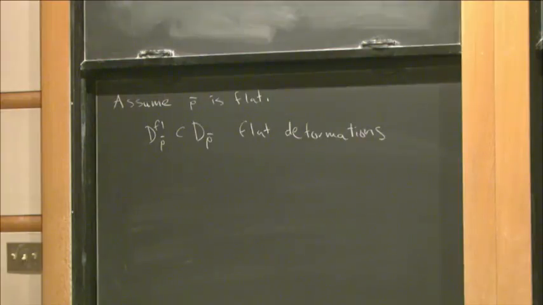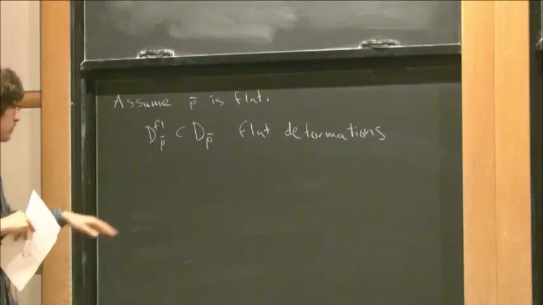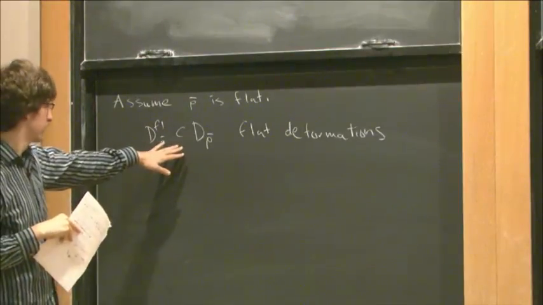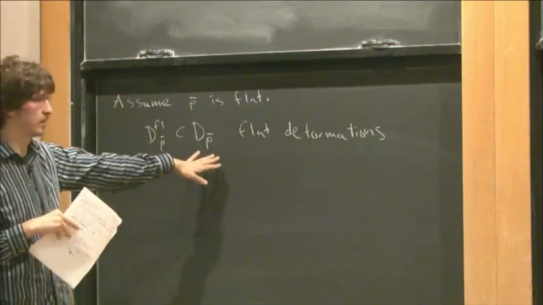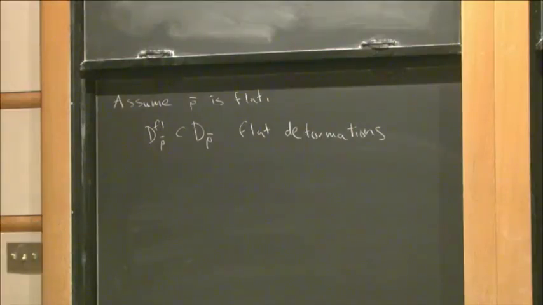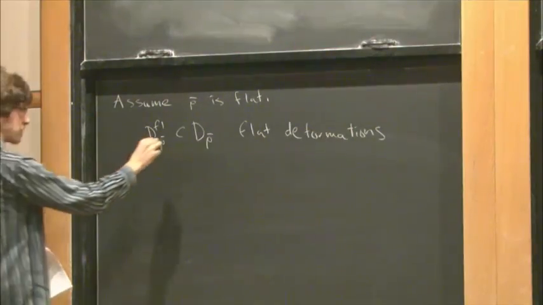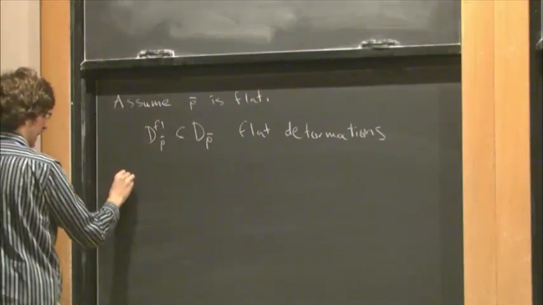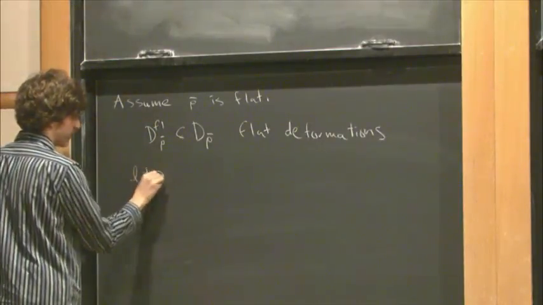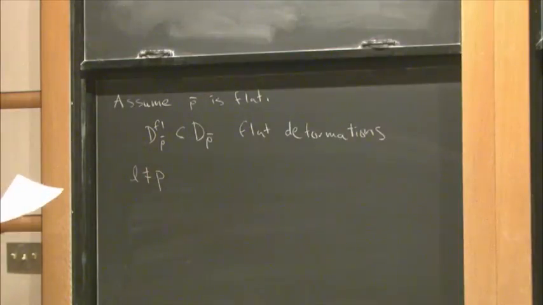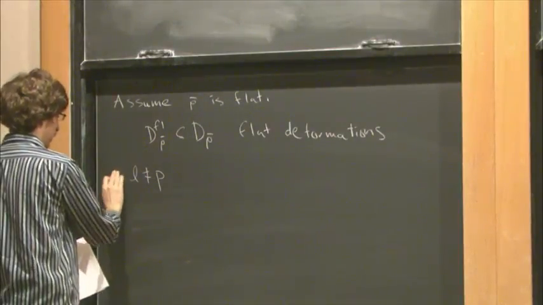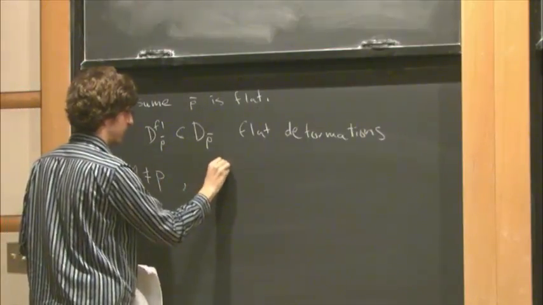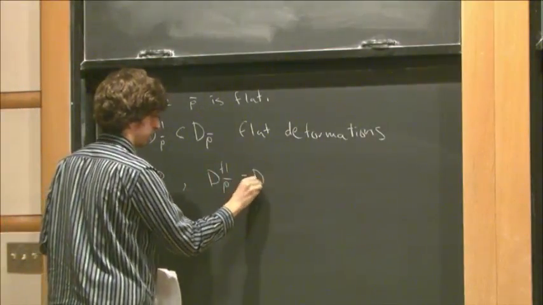Without some thought, I think it's not totally clear that this is even a subfunctor in a reasonable way. You have to think about that. This is a somewhat subtle condition, but at least when L is not equal to p, this is something we already saw. If L is not equal to p, then this flat deformation ring is just the unramified deformation ring.